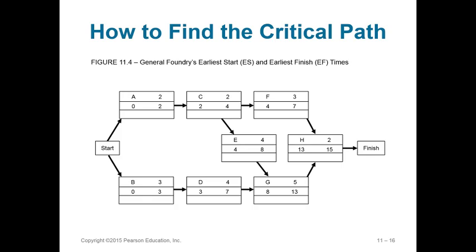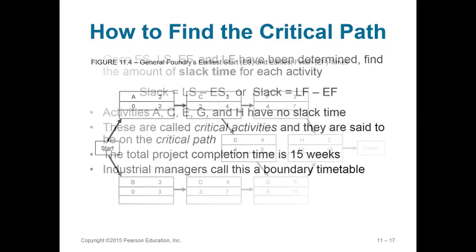D couldn't start before the B is done, which means it needs to start at the end of the 3rd week, taking 4 weeks time and ending at the end of the 7th week. C couldn't start before the 2nd week when A is done, taking 2 more weeks, so it would be 4 weeks. And that's what those numbers all mean.